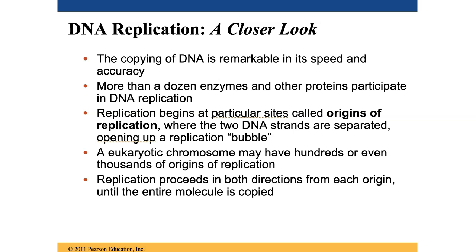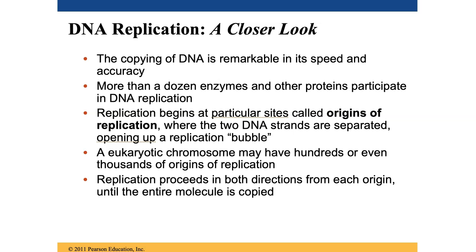So we're making DNA, we're making a copy of the DNA, and it happens at very high speeds. We'll get some of those numbers as we go through the slides. We're going to be going over a list of about 10 or so enzymes that are really important for the process, and I'm going to walk through each one of them. They're very important for you to know. You have to know all 12 of them.